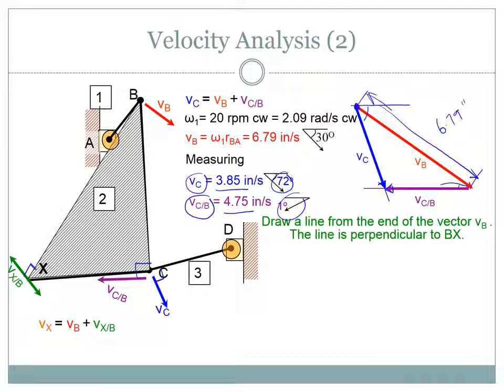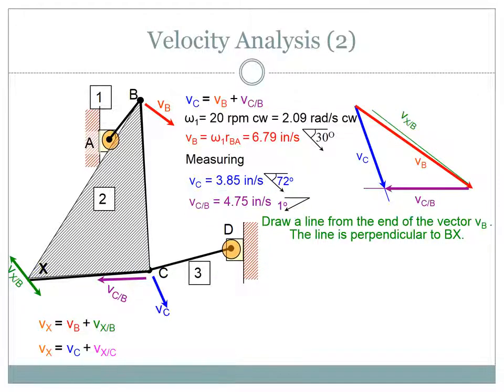So draw a line from the end of the vector VB, and the line is perpendicular to Vx. Where is it? So Vx equals Vc plus Vxc.